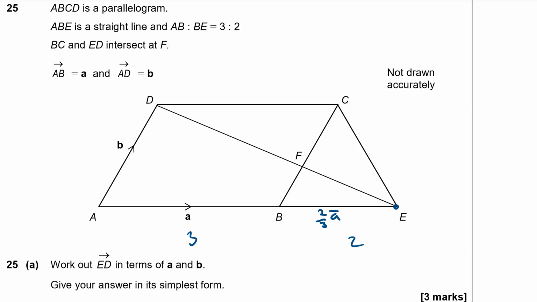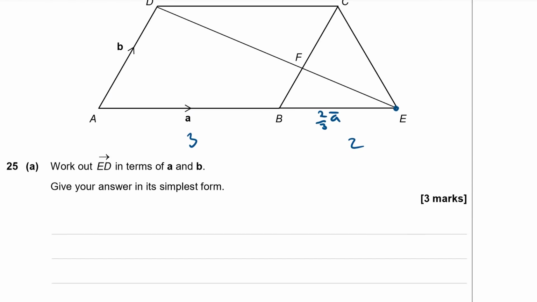So let's work that out then. E to D is going to be E to A plus A to D, and we know that E to A is going to be minus 2/3 of A, minus another A plus B. So how many A's is that then?